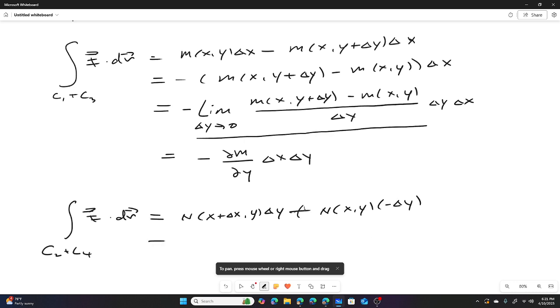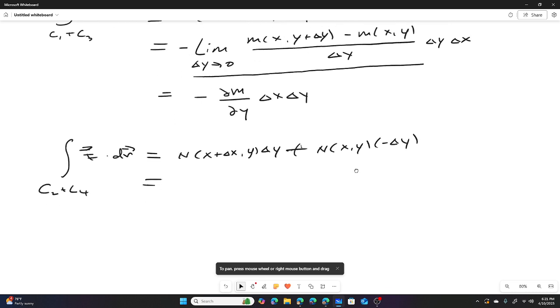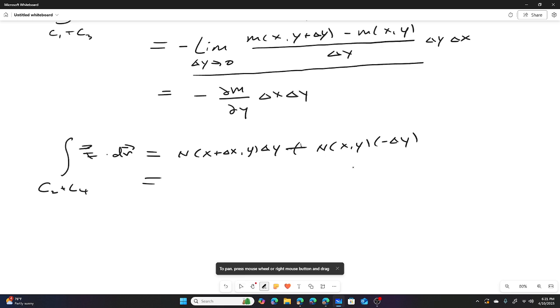And you can see that you have n of x plus delta x, y, minus n of x, y. You pull the delta y out. We can see that this is very similar to the definition of the partial derivative with respect to x.